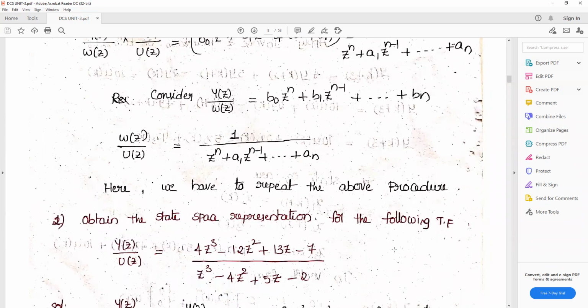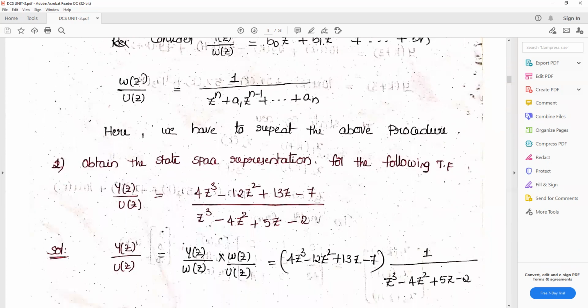We did the state space representation earlier; use that procedure to calculate the state variables, the state model. So obtain the state space representation for the following transfer function.